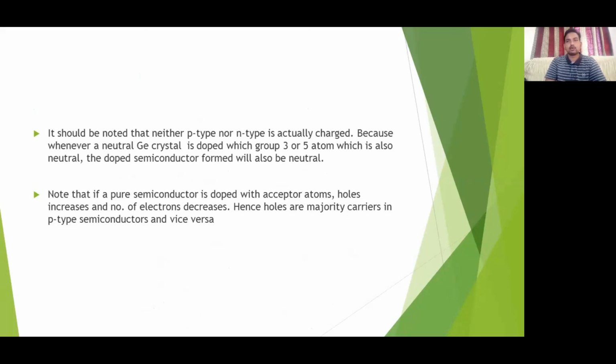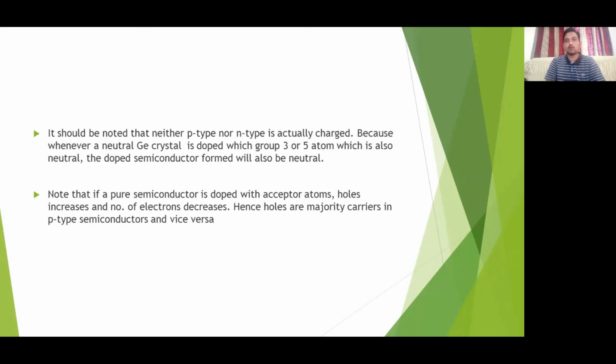We should note that neither P-type nor N-type semiconductors have any charge. Both are neutral. This is a common mistake most students make when asked, what is the charge on N-type semiconductor, what is the charge on P-type semiconductor? N-type has negative charge or P-type has positive charge?